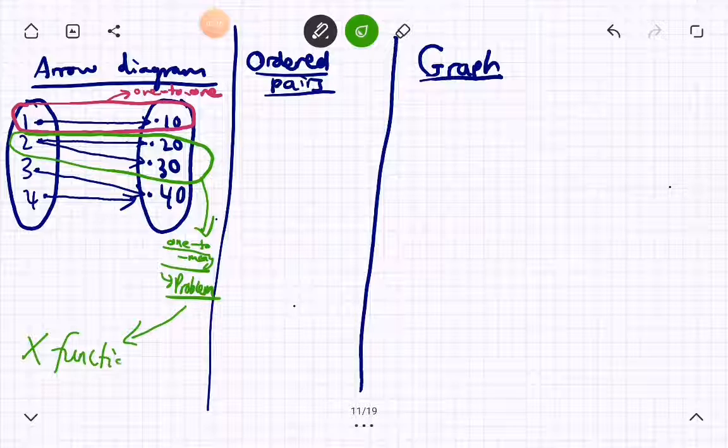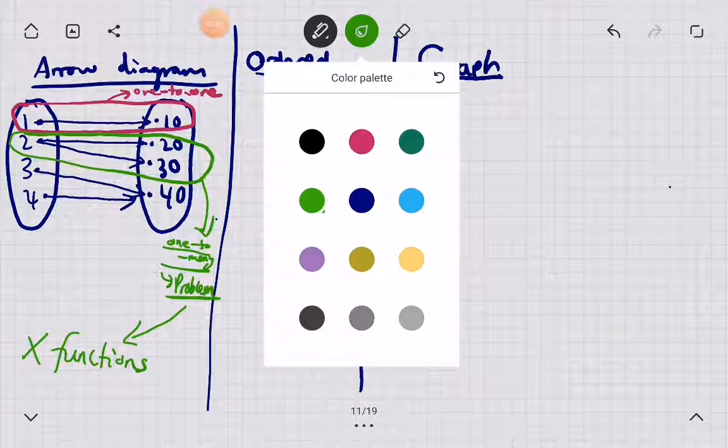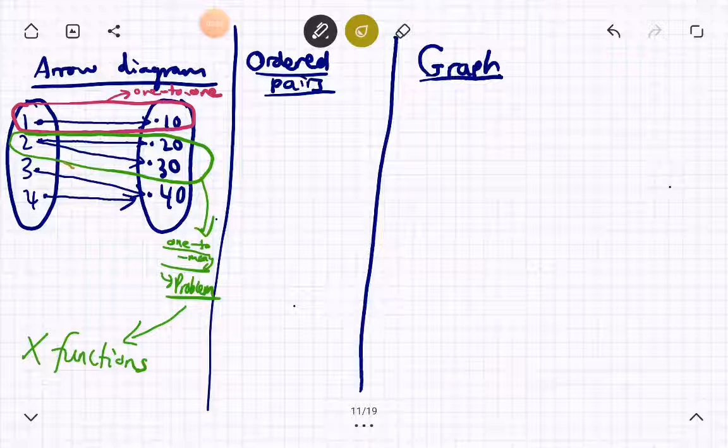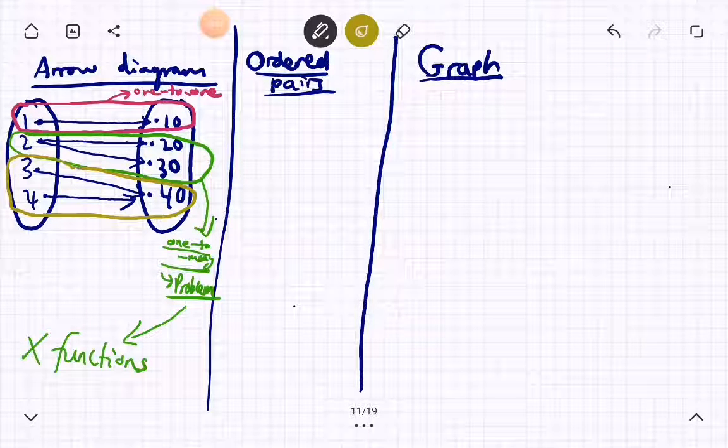And by the way, what is our relation here? We have an example of a one-to-many case, and we also have another example of a many-to-one case, which is this side here. We have more than one input that goes to the same output. This is not really a problem. It doesn't mean that it cannot be a function.